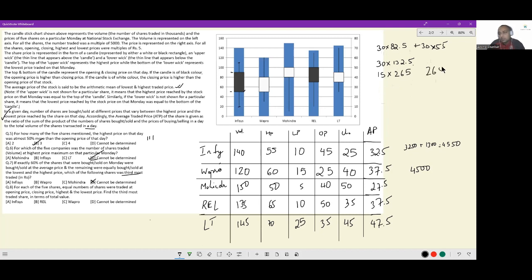So 2650 plus 1325. So we get 3975. Is this correct? 30 into 27.5. 30 into 82.5. Great. And 30 into 55. Also great. So this is the problem, no? This should be 137.5.